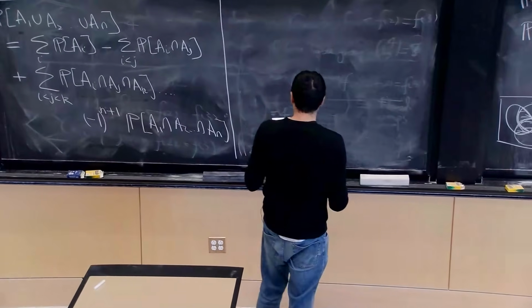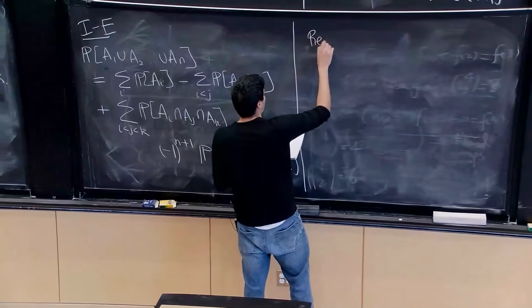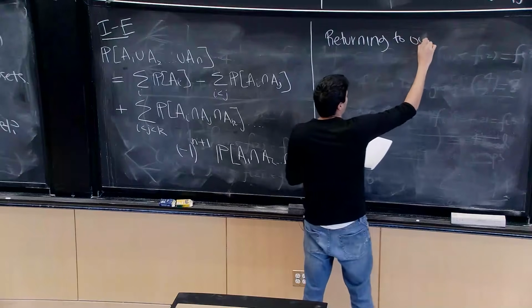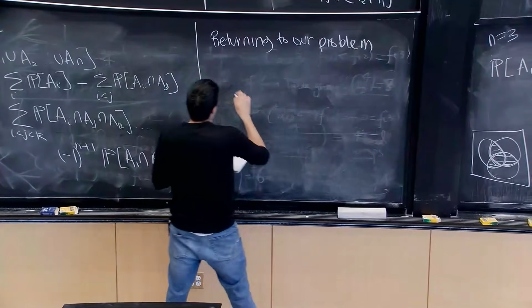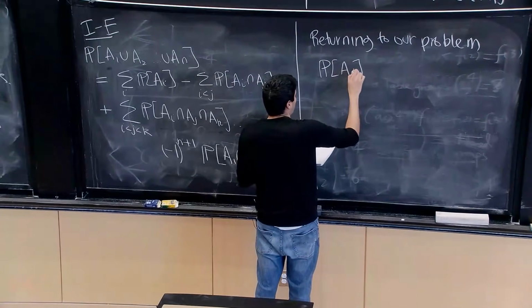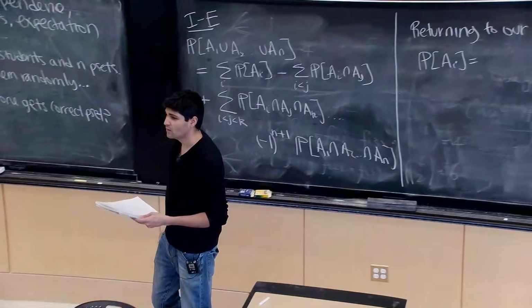So I'm going to ask you guys for help, and you guys are going to help me fill in what this looks like for our particular problem. So returning to our challenge problem, the one we started off with, in the general n case, what is the probability that event Ai happens? Who can help me out?